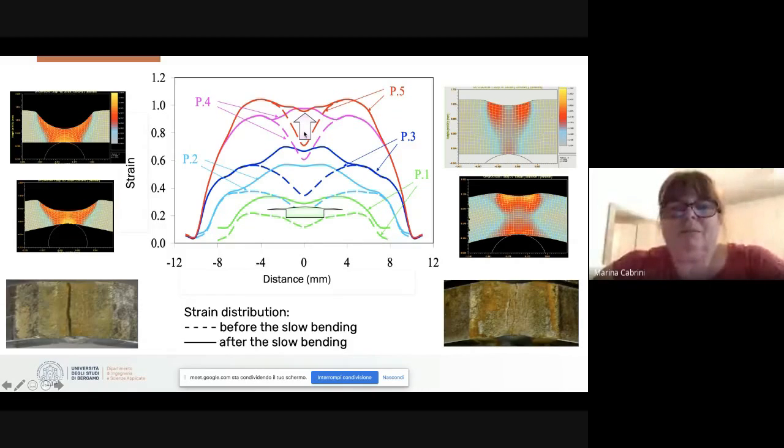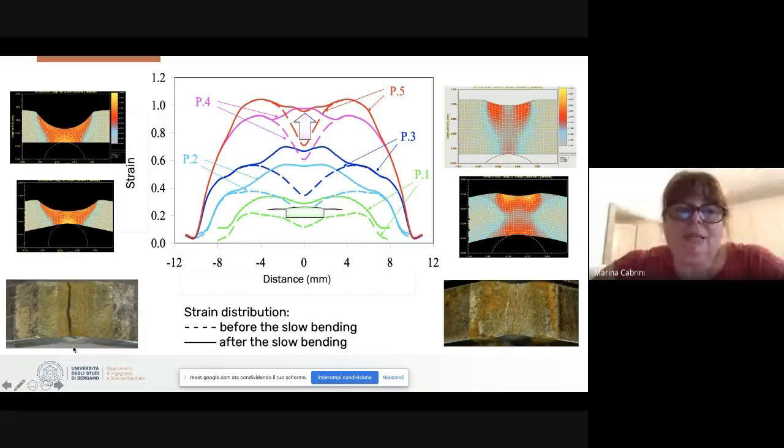Now it's possible to observe that there is a good correlation between this result and the fracture aspect of the specimen. In this case, there are small cracks distributed in all the plastically strained zone.